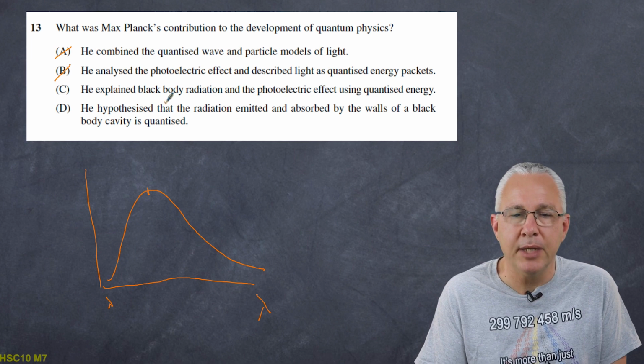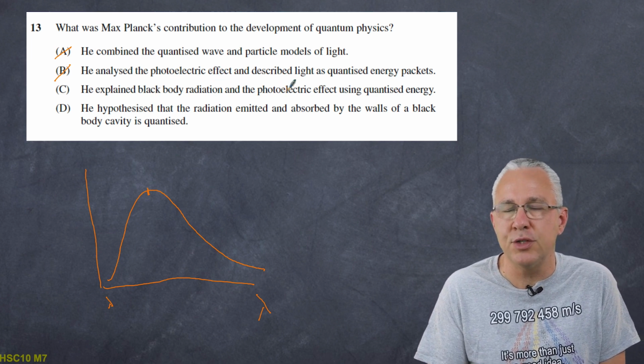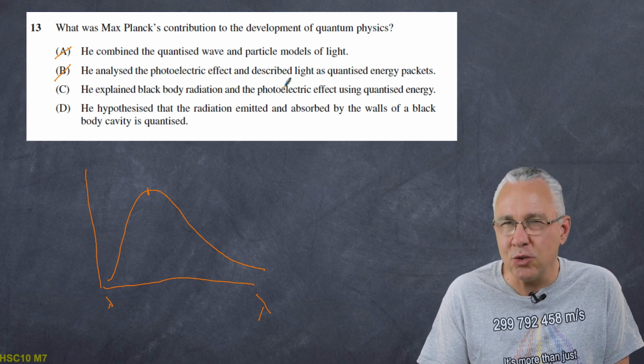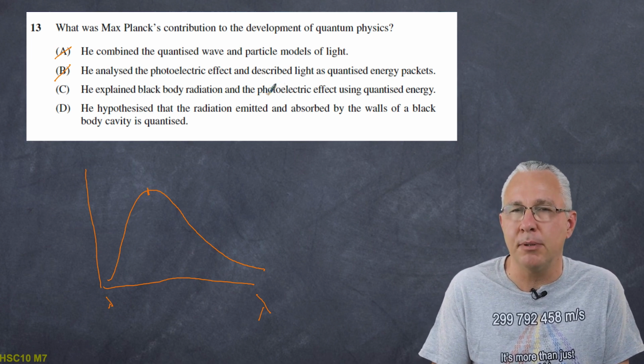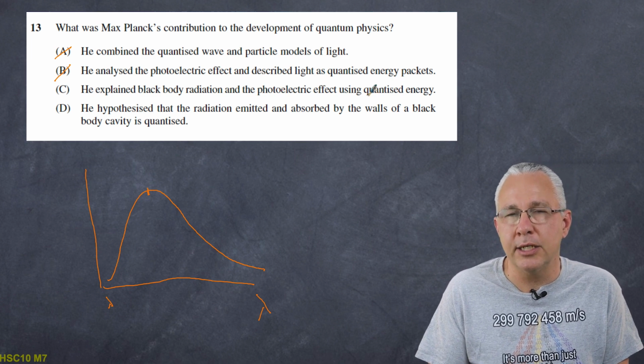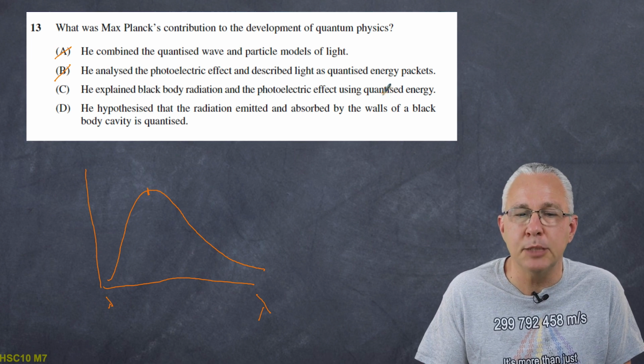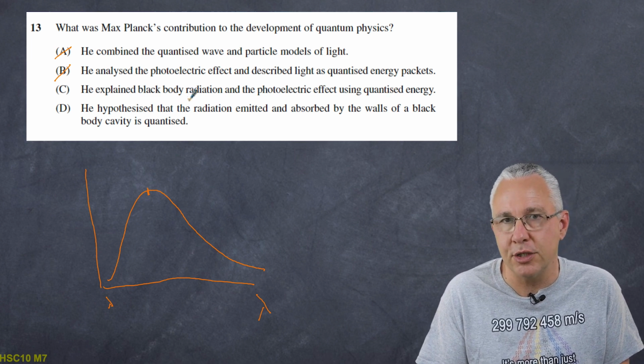Now, part C. He explained black body radiation and the photoelectric effect using quantized energy. That sounds right, but there are a couple of problems with that response. First of all, yes, he understood quantizing energy, but he didn't actually explain why black body radiation occurred.